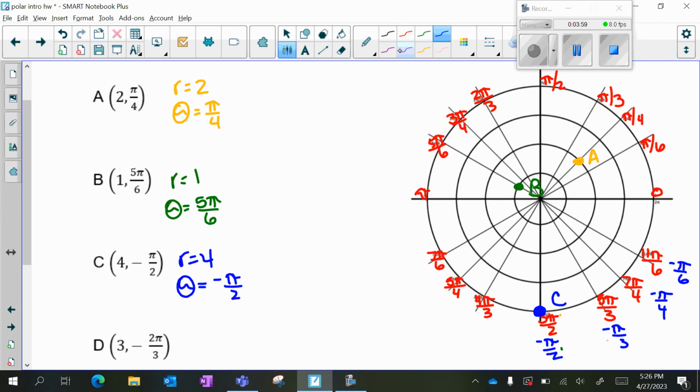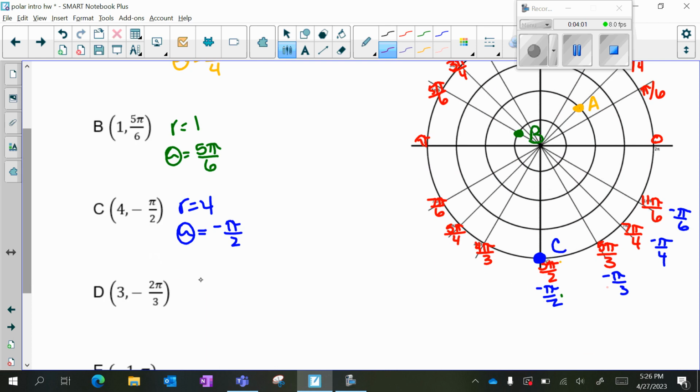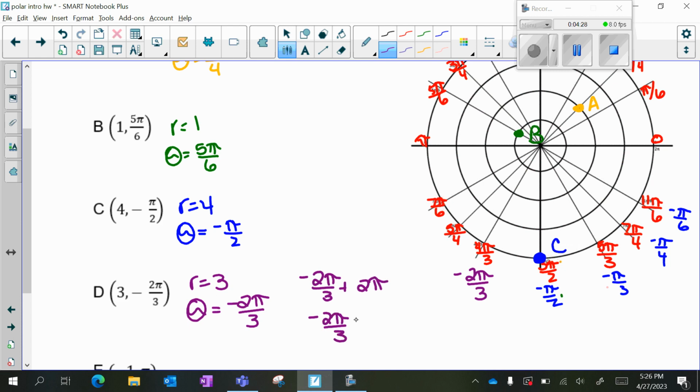The next one is r equals 3. Theta equals negative 2 pi over 3. So negative 2 pi over 3 is in the second quadrant. It's the same thing as positive 4 pi over 3. If you weren't sure about that, you could test by using your coterminal angles. Coterminal angles mean that I add 2 pi. But remember that adding 2 pi, in this case, is like adding 6 pi over 3.